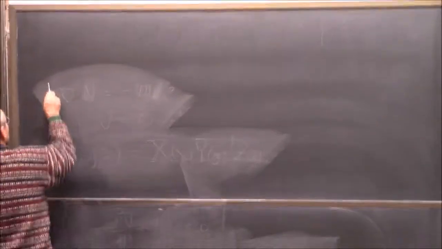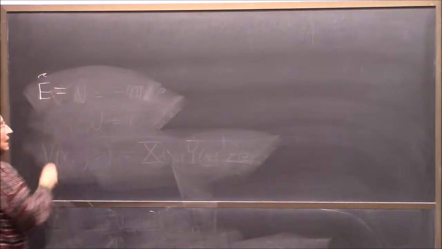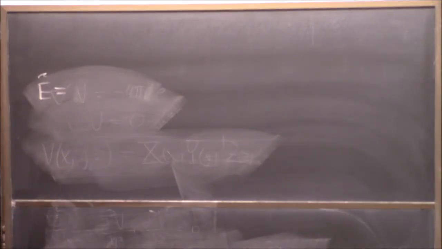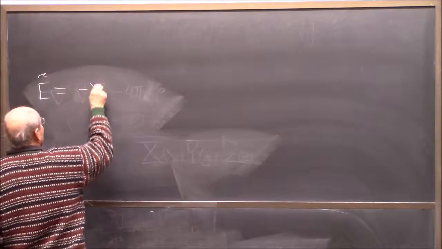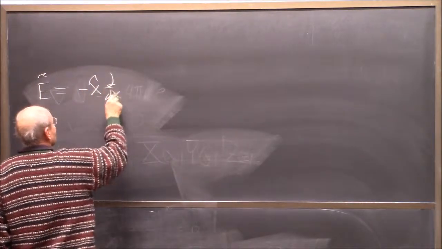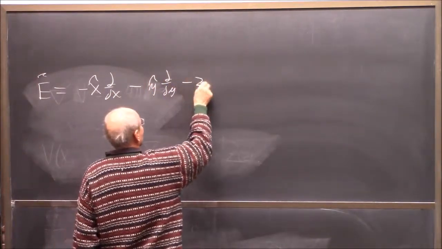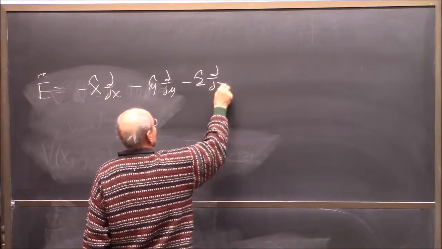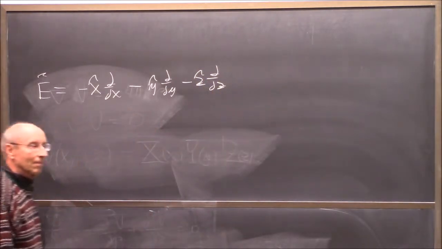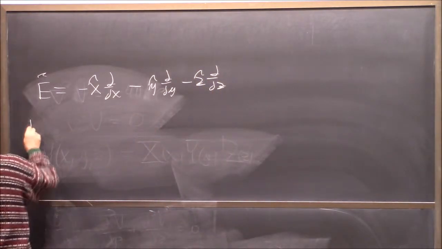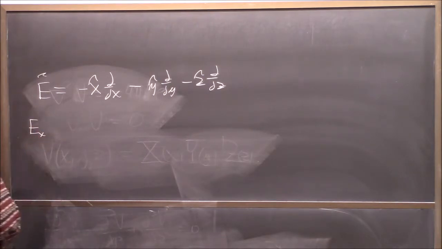Because what is the gradient in the coordinate system we're using, which is Cartesian coordinates? It is minus x hat d by dx minus y hat d by dy minus z hat d by dz. So, what is the x component of the electric field?